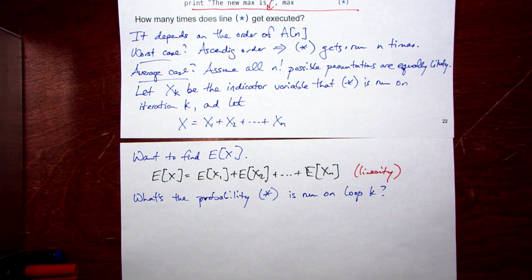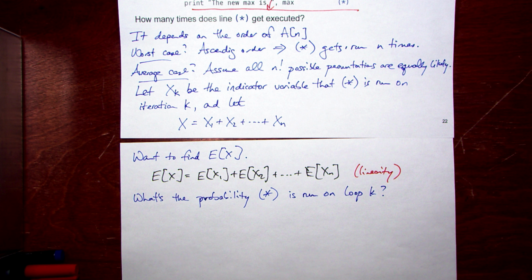Okay, so let's think about it for a sec. On the kth loop, you're basically looking at the items, A1 through K, right? A1 through K, so there's K items. And there are K factorial possible orderings, right? That's a lot. But you only update the maximum in some of those, right?